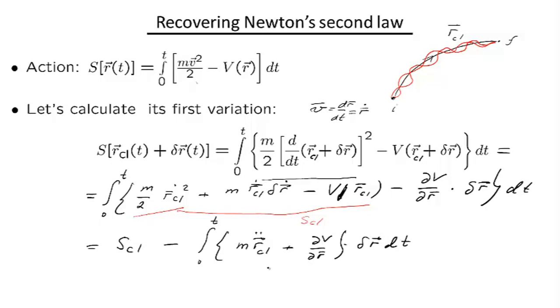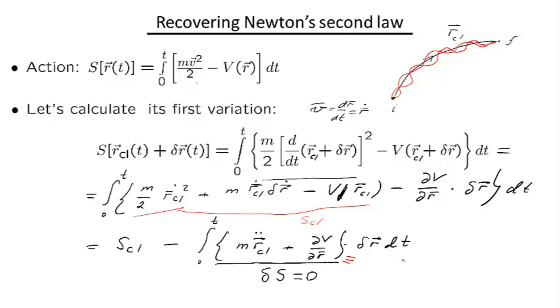Remember, this is exactly our first variation, and this is something we want to set to 0. It must be equal to 0 for every possible fluctuation away from the classical trajectory. This implies that the expression in the curly brackets must be identically equal to 0 for the first variation to vanish, for us to be able to find the minimum of the action.